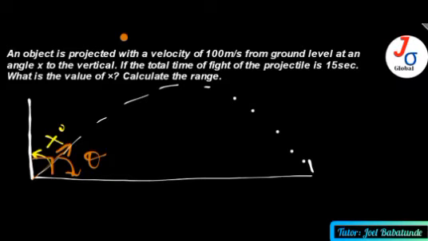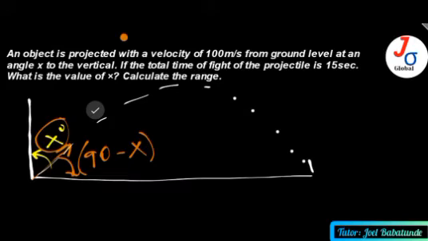This is a right angle triangle, so theta has to be 90 degrees minus x degrees. So if this angle is 30 degrees, then this has to be 90 minus 30, that's 60 degrees. And if this is 50 degrees, then this has to be 40 degrees. That's the idea behind that.